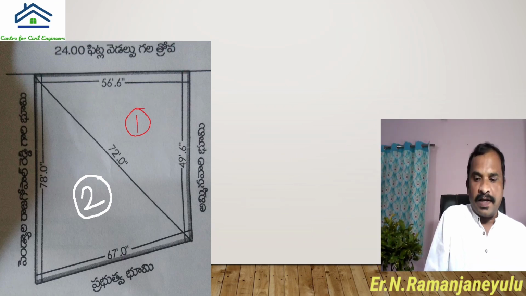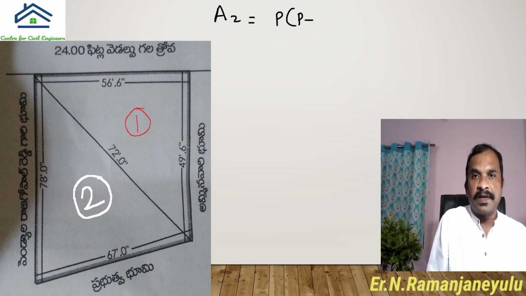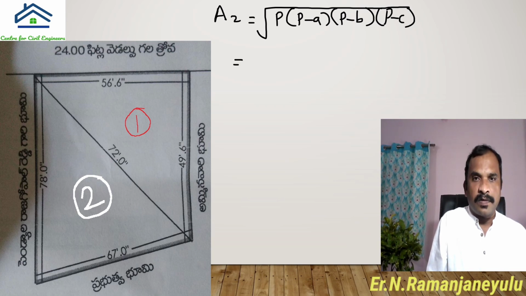Now we can calculate the area of the second diagram. A2 is equal to the square root of P into (P minus a) into (P minus b) into (P minus c). Here also we know the P value and the a, b, c values.